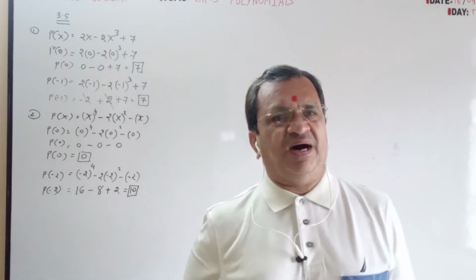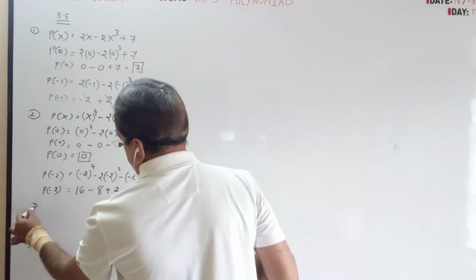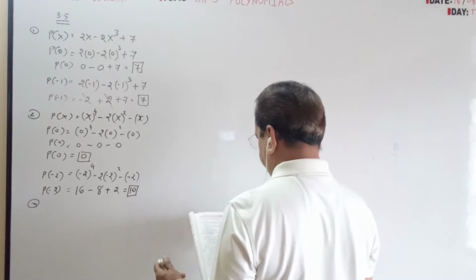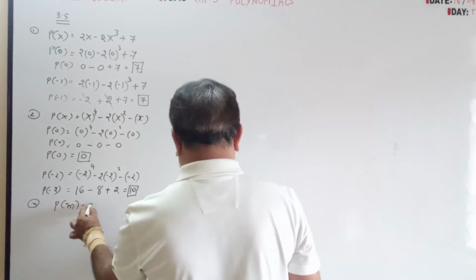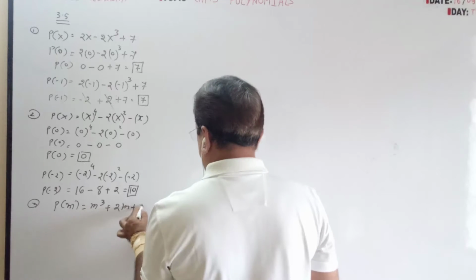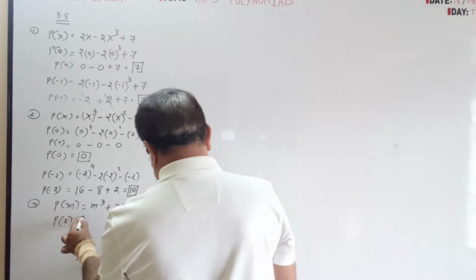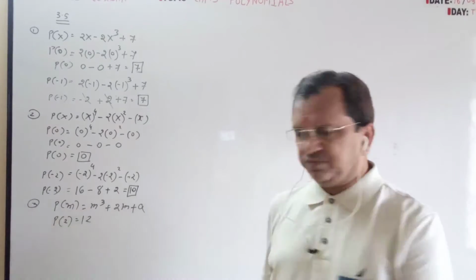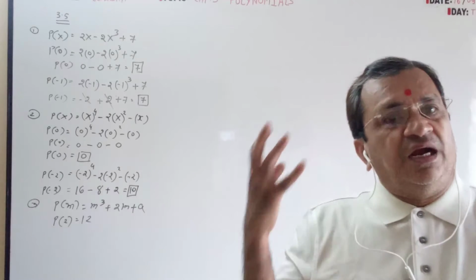Third and fourth marks are very important. Polynomial with m, that is m cube plus 2m plus a. When m is equal to 2, its answer is 12. When you substitute m is equal to 2, the overall answer should be 12.